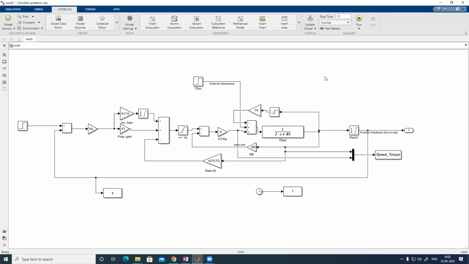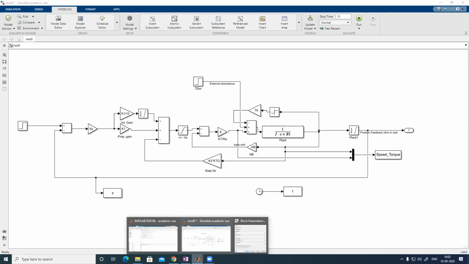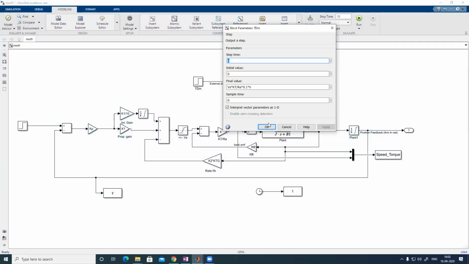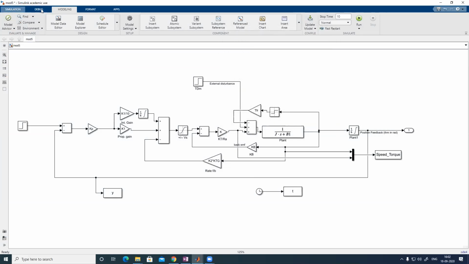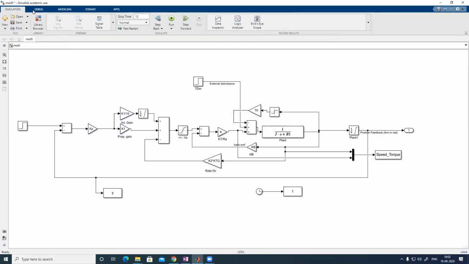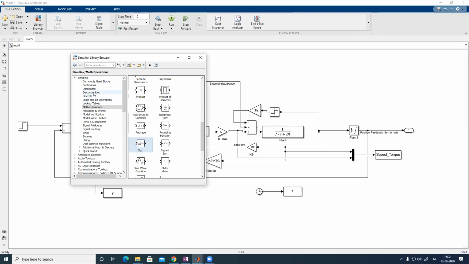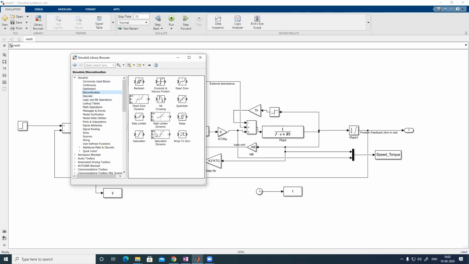Sir, behind TFR, is it the Coulomb friction block? No, it is a signal function. If you want, you can use the Coulomb friction block from the discontinuous blocks also. Coulomb and viscous friction will be there. Yes, sir.